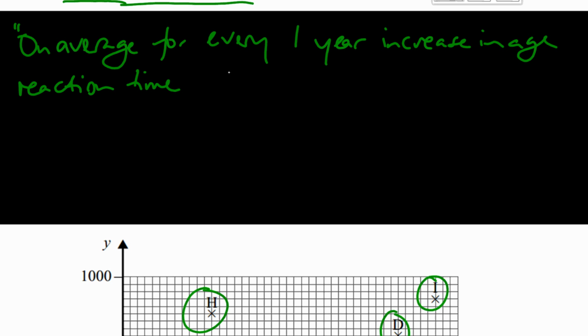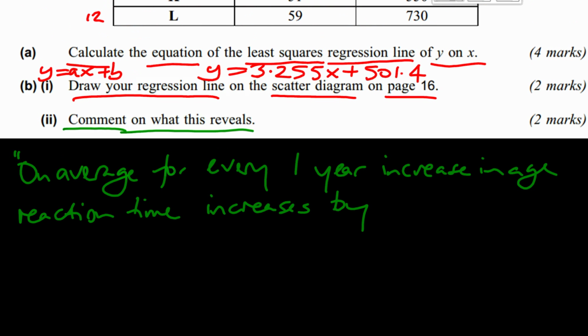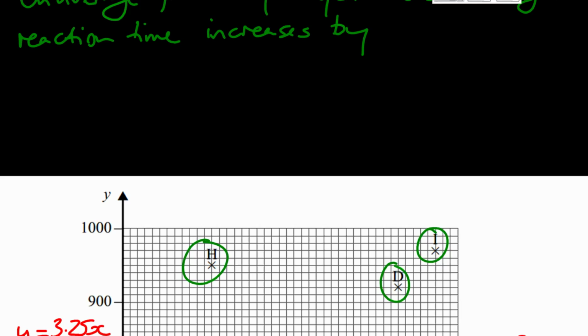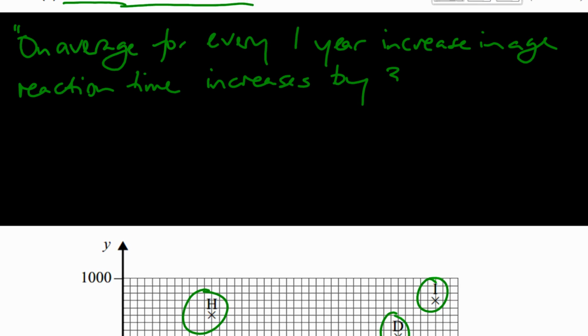Time increases, in this case it increases by, what do we have here? It was by our A value. What do we get for an A value? We got 3.255 milliseconds.